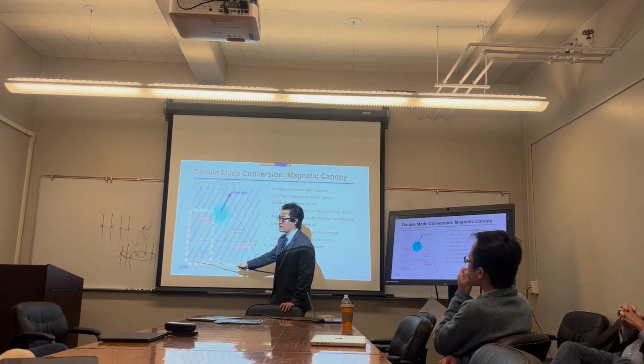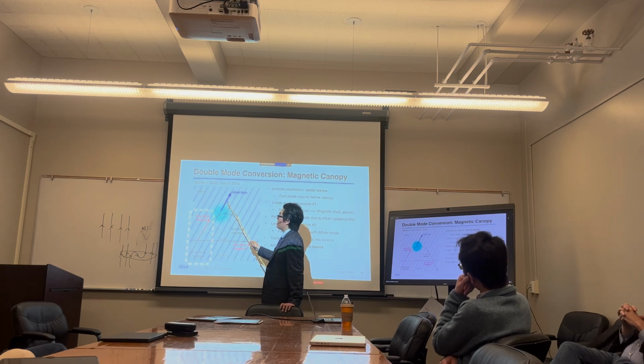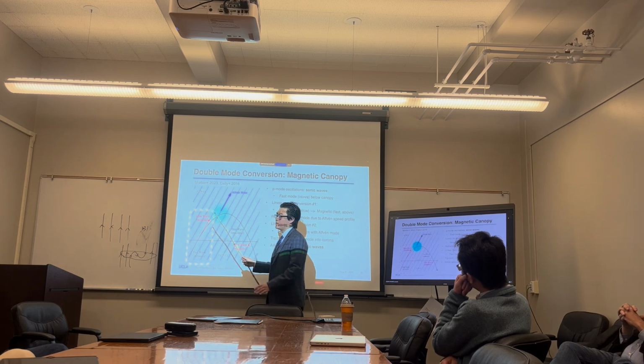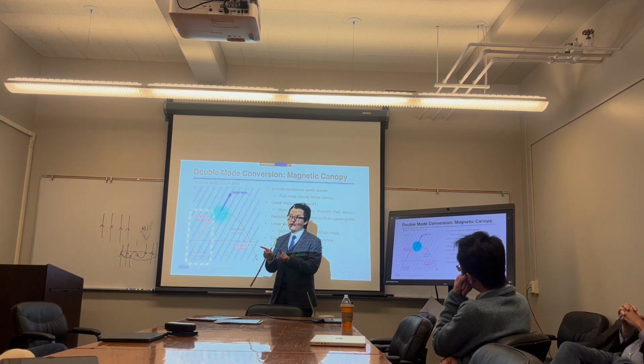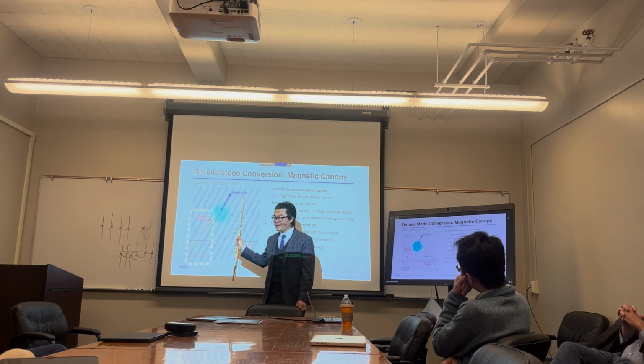This line is a ray tracing line of the fast mode. But at the point of the refraction, the fast mode will linearly couple with the Alfvén wave, in a more than 1D way. It's 3D in nature, so it will eventually convert part of the energy to the Alfvén wave. But we haven't studied this part.